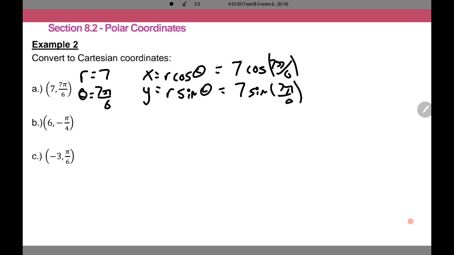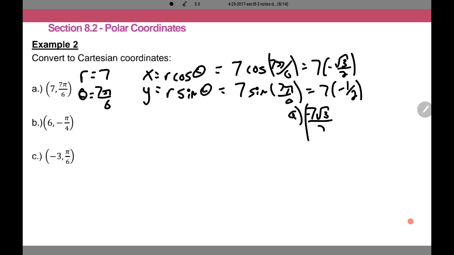And we know what that is from the unit circle. So the cosine of 7 pi over 6 is negative square root of 3 over 2. And the sine of 7 pi over 6 is negative 1/2. And that gives us an answer for part A of negative 7 square root of 3 over 2, comma, our y value would be negative 7 over 2.